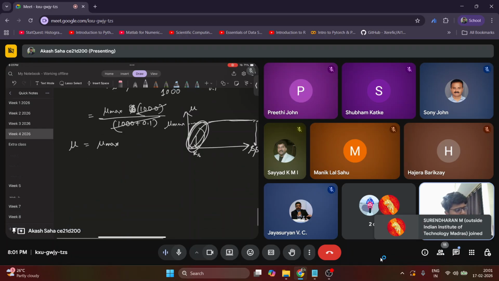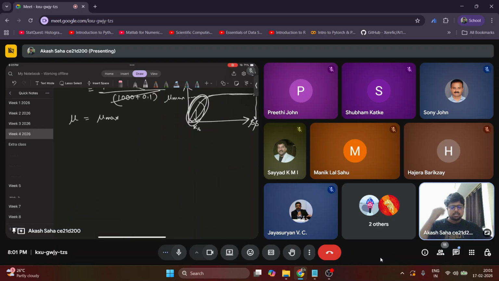Another important aspect here is something called volumetric or organic loading. It means how much BOD, in kg BOD, we are supplying to the reactor volume per day.